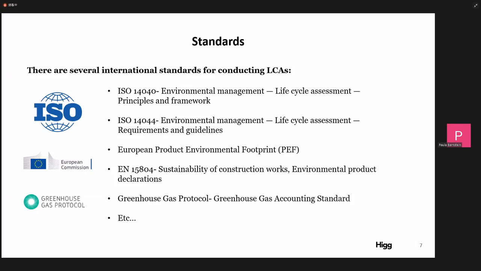And then the Greenhouse Gas Protocol has accounting standards for greenhouse gas reporting. And then we also have the European Standard for Construction Products, which might not seem super relevant to us in the apparel industry and hard goods industry, but it really has some good general LCA guidance where some of the other standards are lacking. So we use all of these to inform the methodology in the MSI.